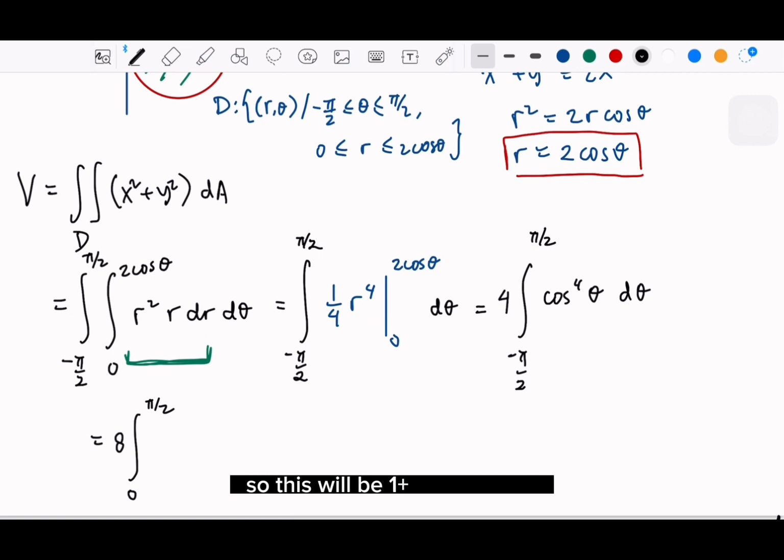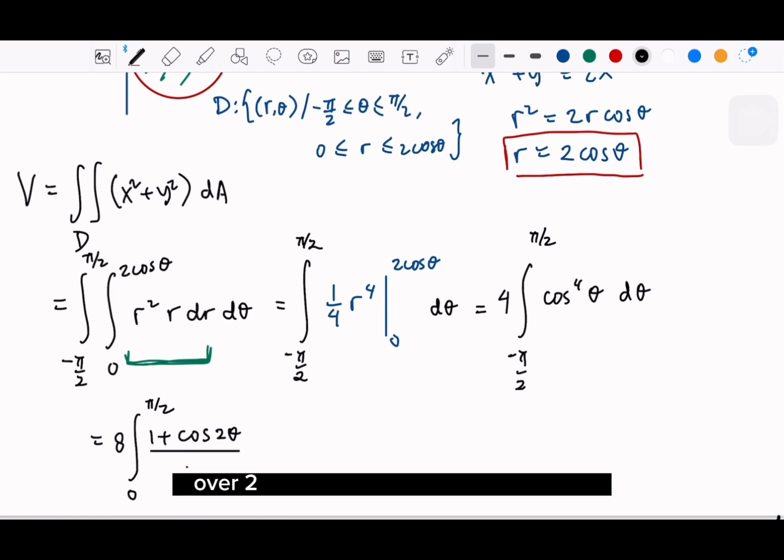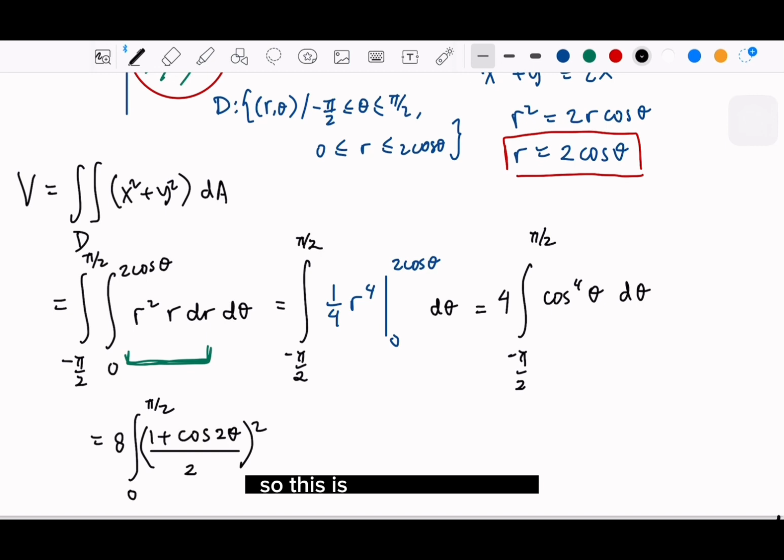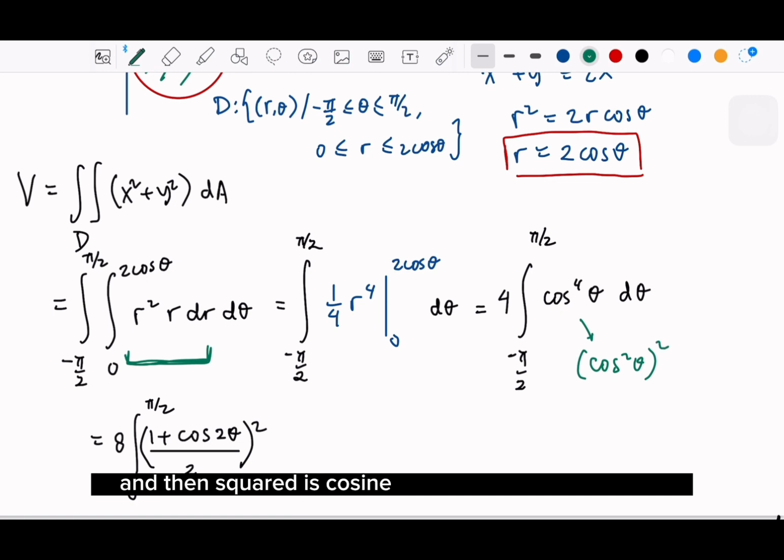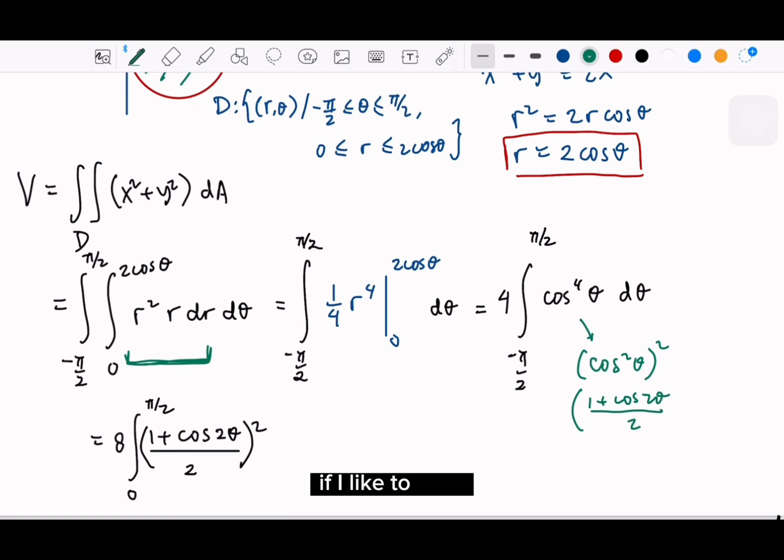So this will be 1 plus cosine 2 theta over 2, squared like that. This is cosine squared theta, and then squared. This cosine squared is 1 plus cosine 2 theta divided by 2.